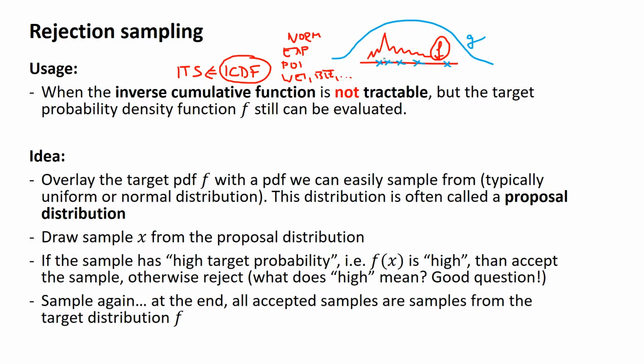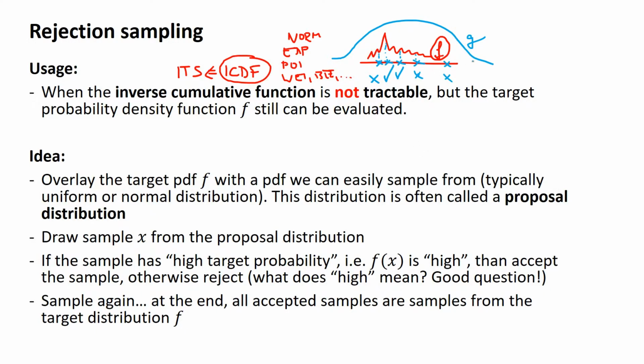If the probability of this sample according to f is high, we will accept it, and if it seems low, we will reject it. So for example, this x right here, is it low or high? Let's call it low, so we will reject this one. Here, this is high, so we will accept this one. This one is quite high, so we'll accept it. This one is really low, so no acceptance here, and here also not.